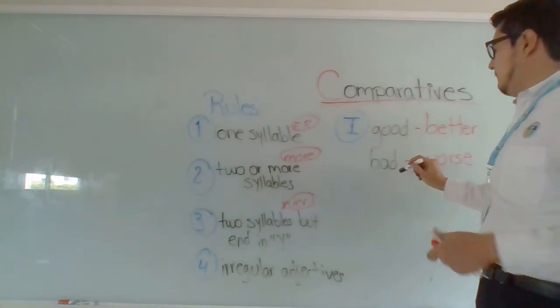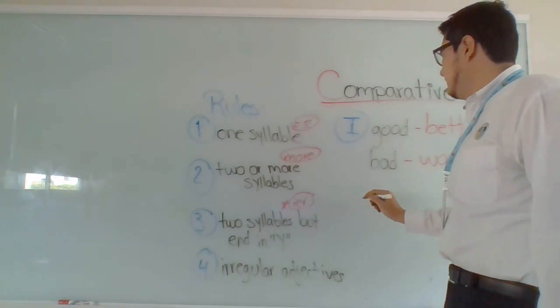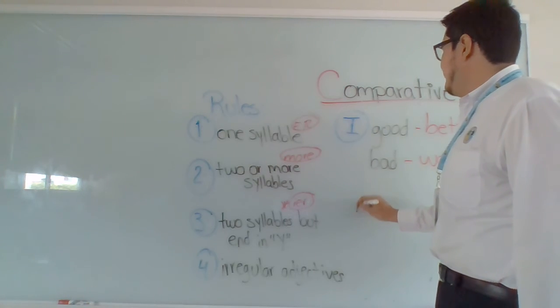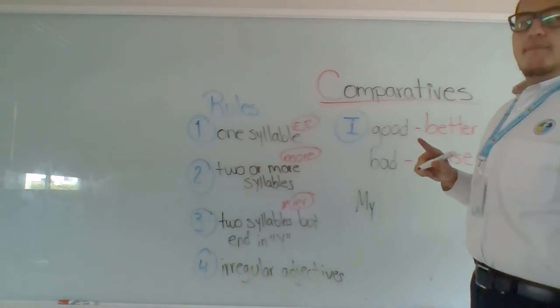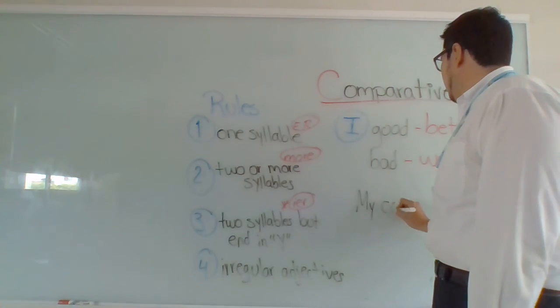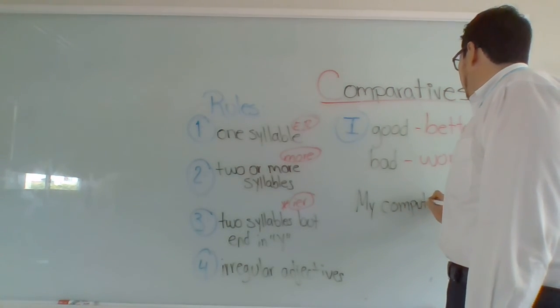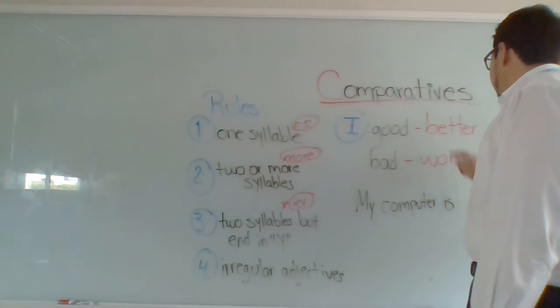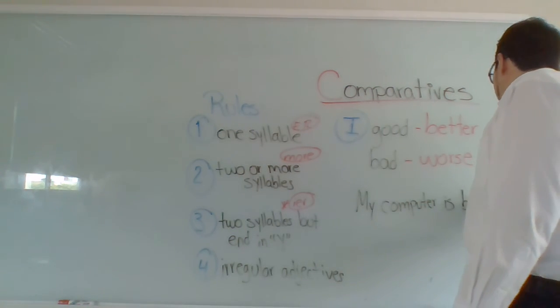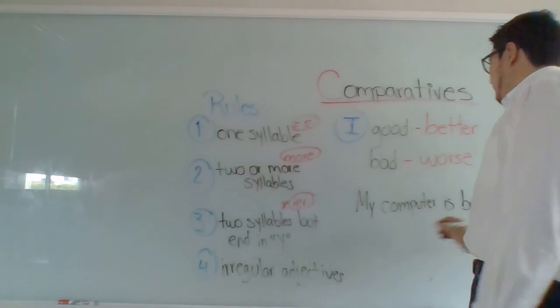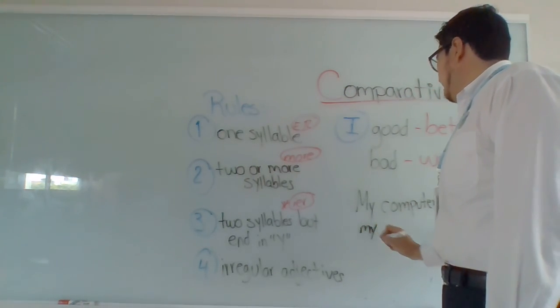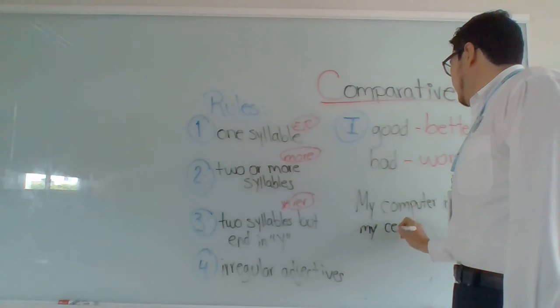And let's do one example very fast. What could be a good example? My computer is better than my cell phone.